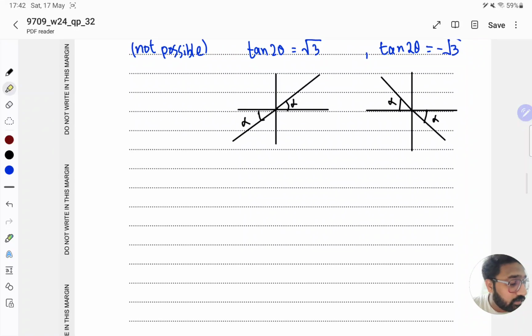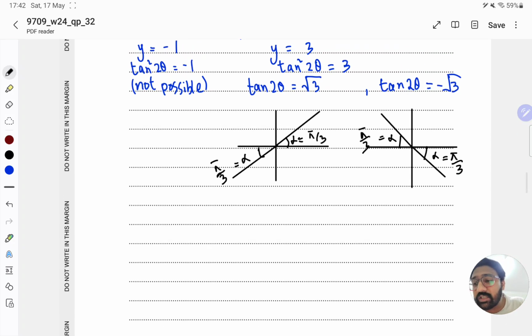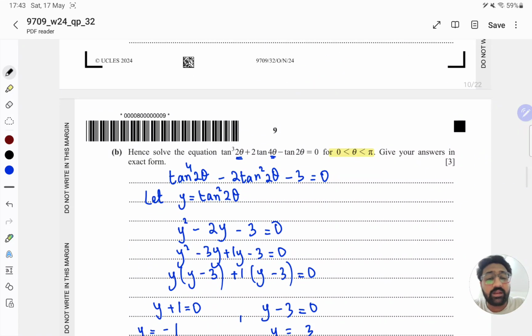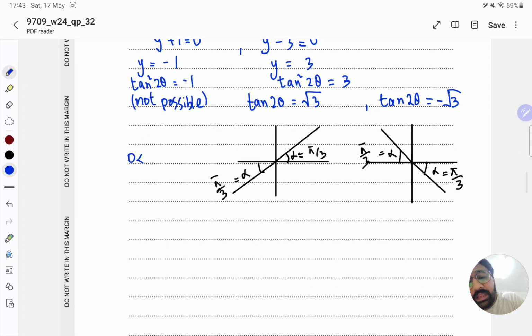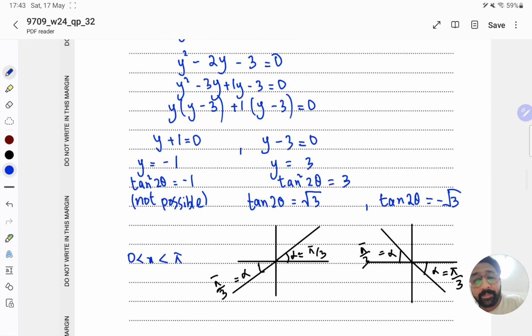So tan inverse of square root of 3, that will be pi by 3. Tan inverse, this will be pi by 3 and pi by 3. Now if you look at the start of the question, it says the domain is from 0 till pi, 0 less than x less than pi.